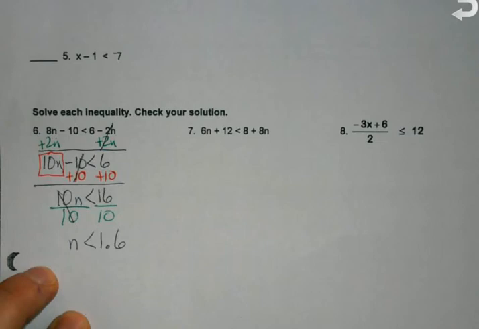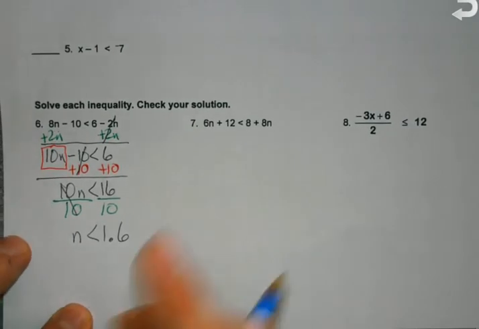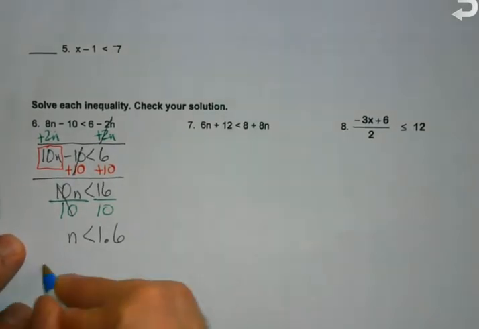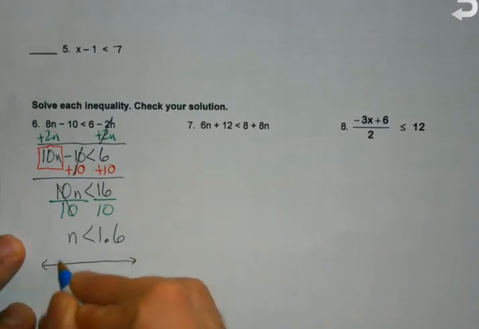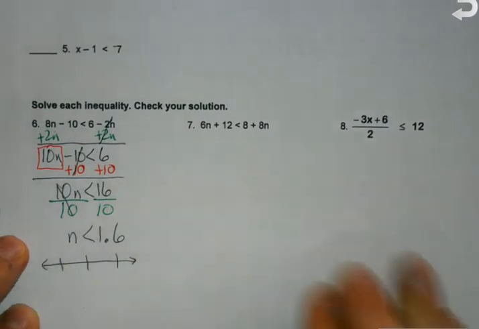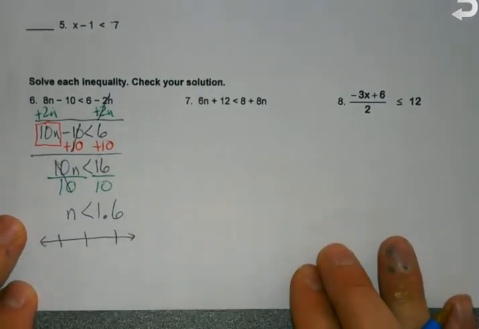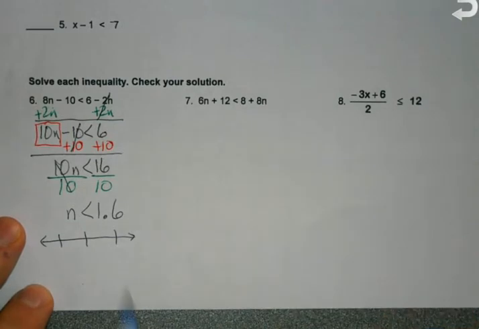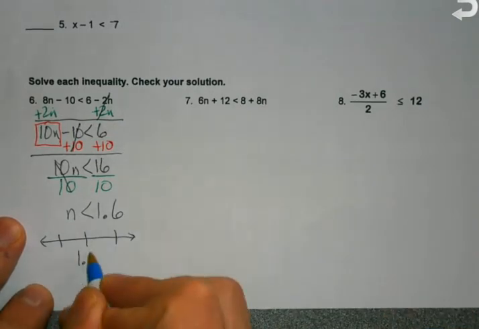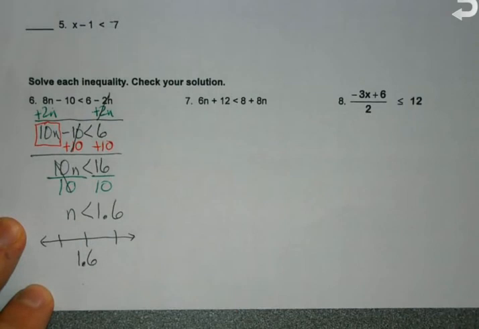So if I get something like this and then I go to graph it, couple of reminders again from Friday. When I'm graphing an inequality, I need at least 3 lines. If you want to make more, you can. Whatever my answer is, that number goes in the middle. And then I have to have one number to the left and one number to the right.